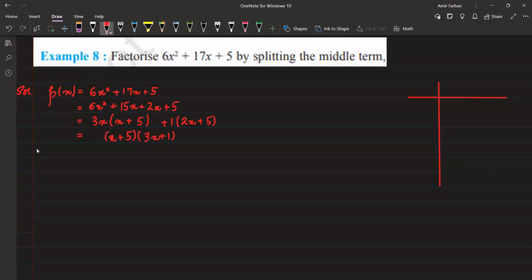So what you need to do once you get the factors, can anybody tell me from both of you? Once we get the factors, what should we do?